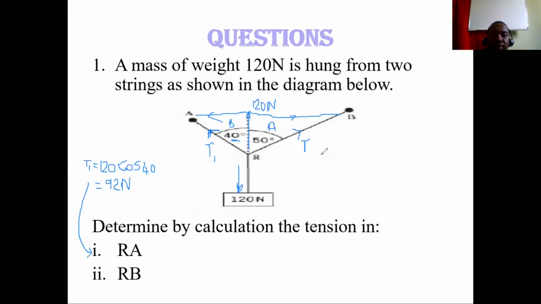To find the value of RB, let's call it tension 2. We have the side adjacent to the angle of 50, so it's still cos.